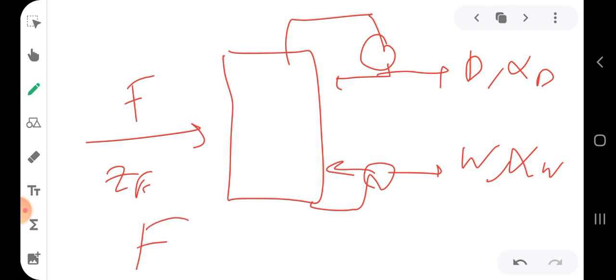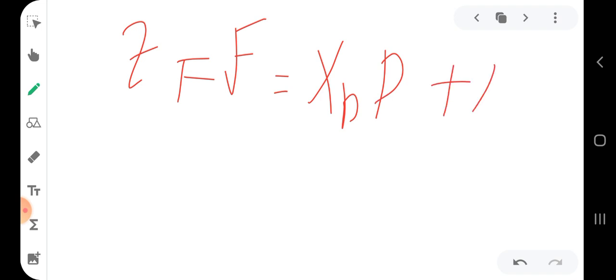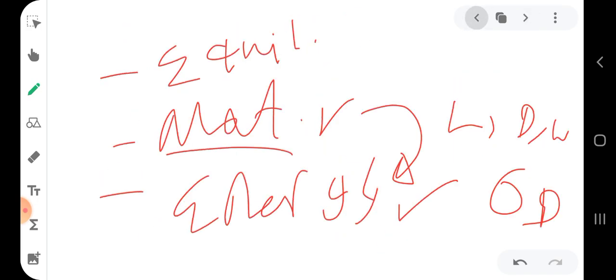So we say that F is equal to D plus W, and ZF F is equal to XD D plus XW W. So if I know ZF and F, and I know XD, XW, I can determine D and W using these two equations. So we can seek help from the material balance if we need D and W.